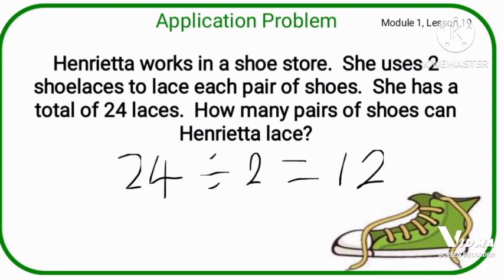She has a total of 24 laces, and she uses 2 laces for a pair of shoes. To know how many shoes she can lace with 24 laces, divide 24 by 2. 24 divided by 2 equals 12.